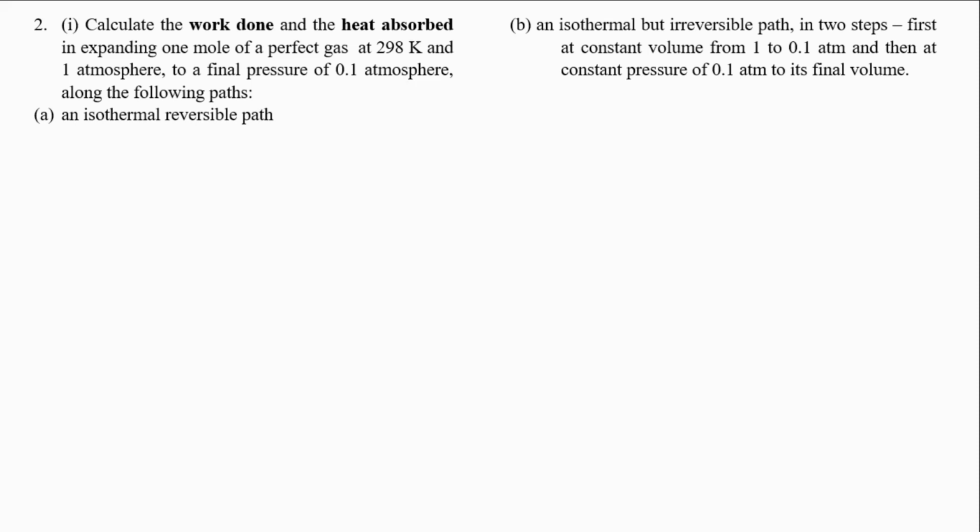For a reversible process, PV is always equal to nRT. Whereas for an irreversible process, PV is not always equal to nRT. PV is only equal to nRT at the beginning and at the end for irreversible processes.